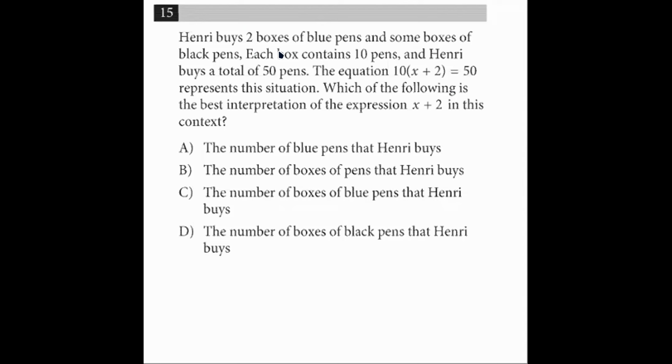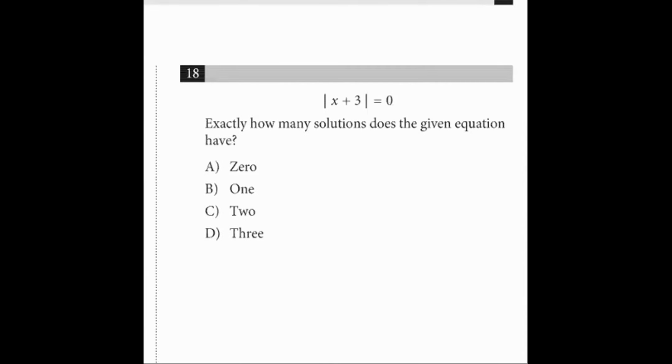So that means that x plus 2 is the number of boxes. So the correct answer is B. The number of boxes of pens that he buys. Okay, question 16.